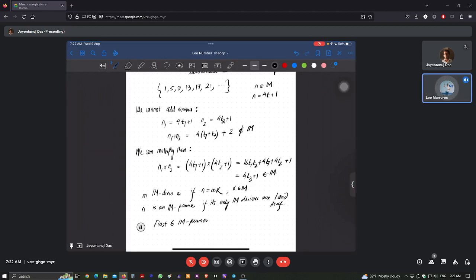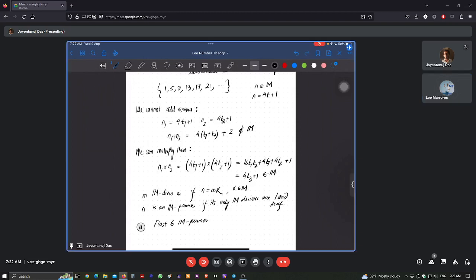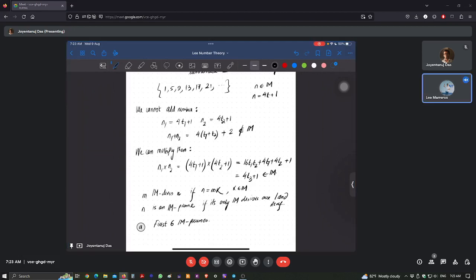I mean, just guessing? No, we have to satisfy the property, right? So only the divisors are 1 and itself. The first 6 primes will be easy because the numbers are small. So 5 will work, right? For 5 there is no M divisor, it cannot be divided by anything else, right?